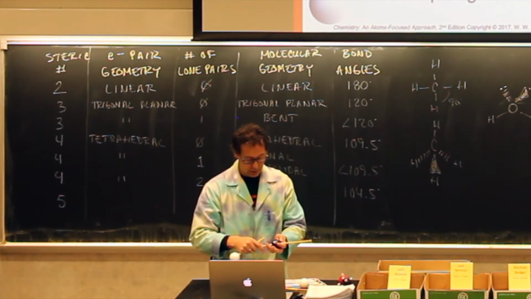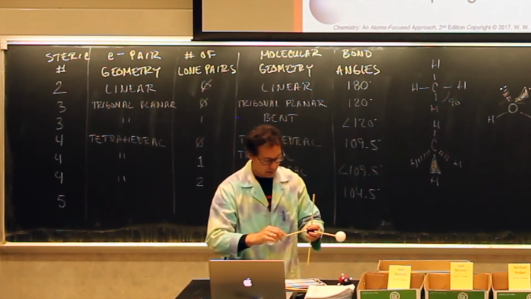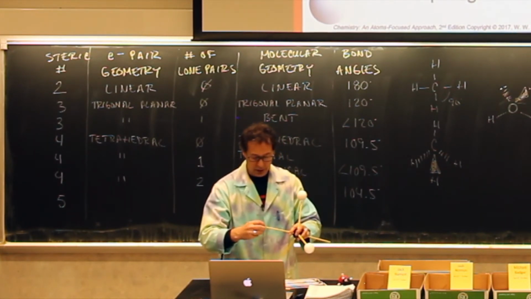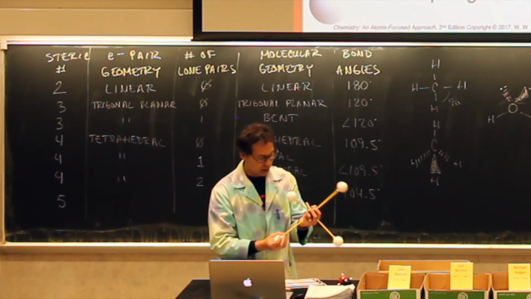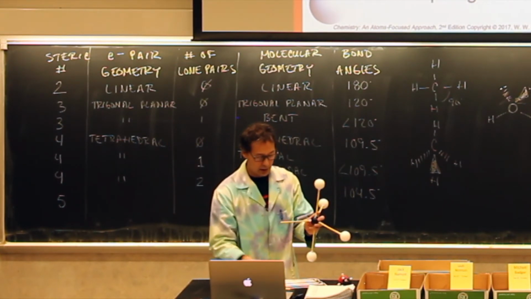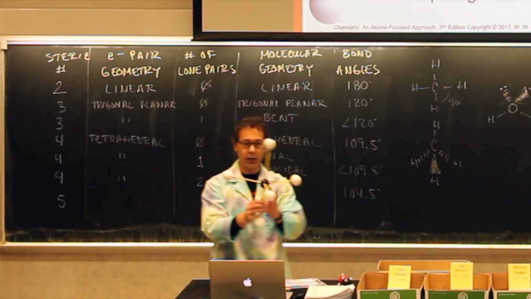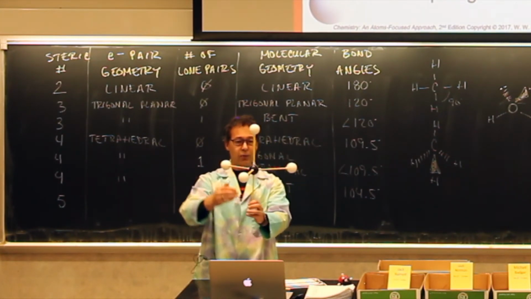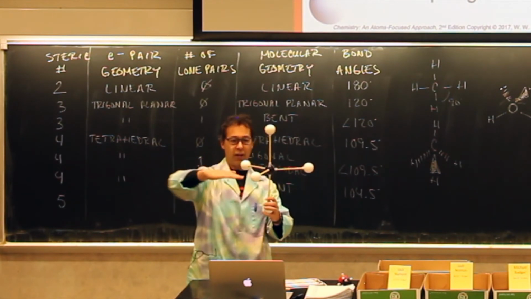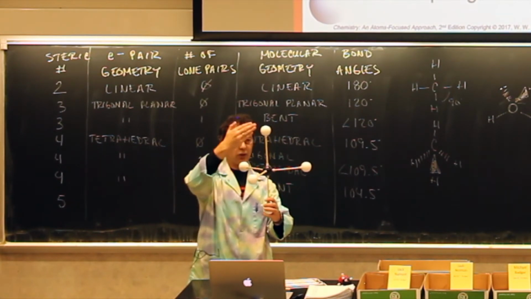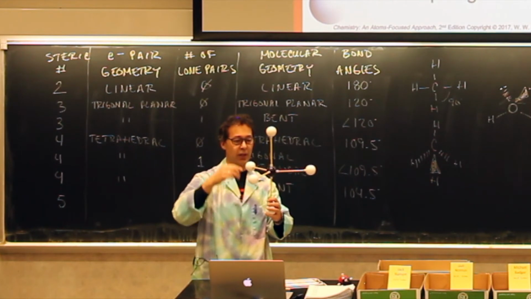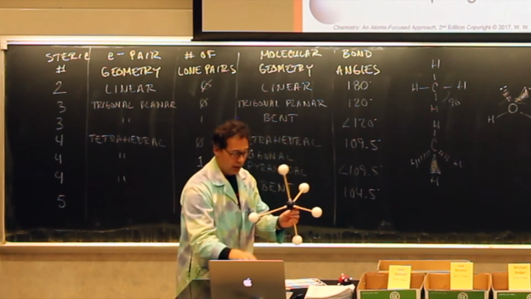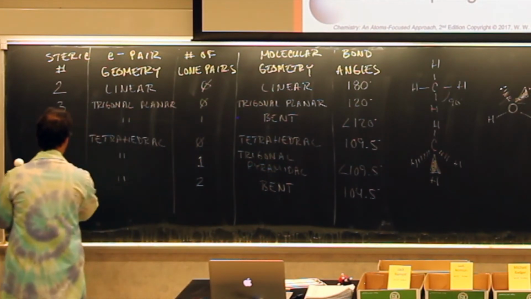Here's 5 things like this, and like this, and like this. Okay. 5 things coming off the central atom. We've got a vertical axis, and then we have a horizontal plane. On our vertical axis, we've got 3 atoms, and then we've got 4 atoms on the horizontal plane. Now this one here, steric number is 5.